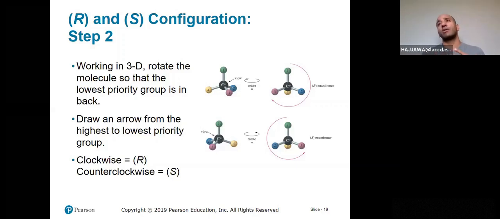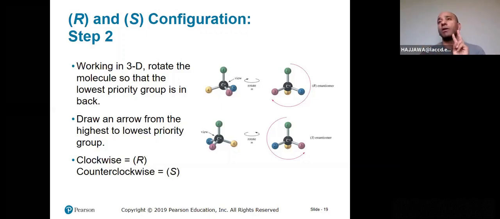What if I have a counterclockwise 1, 2, 3, 4, but my fourth group is not away? Where I would be labeling an S, if it's not pointing away, it's pointing towards you, and you see it's counterclockwise, that means it's an R configuration. So there are two possibilities for R configuration and two possibilities for S configuration. The two possibilities for R configuration are when you have the priority of 1, 2, 3, 4 clockwise, fourth group away.